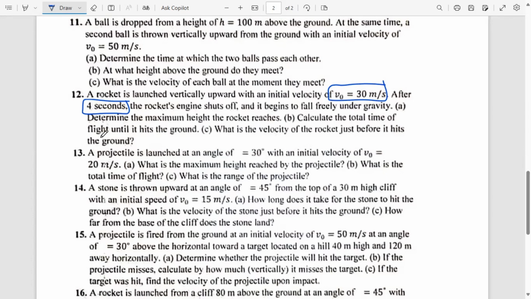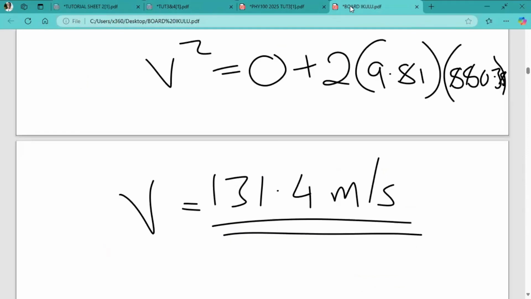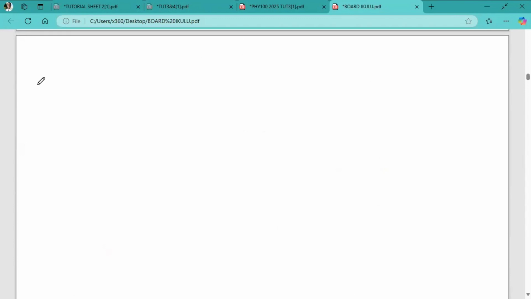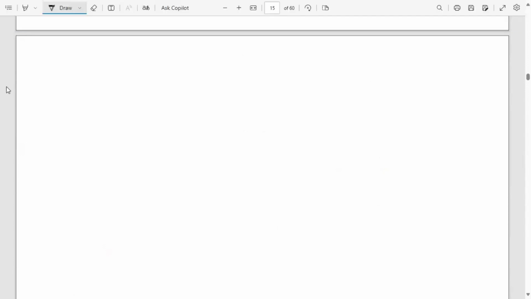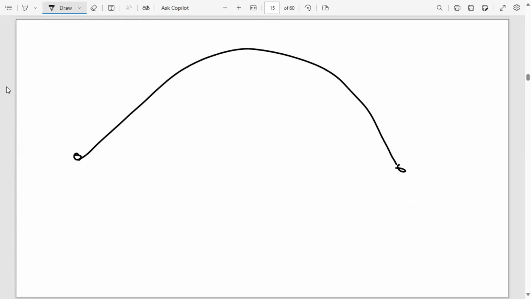Okay, so we have 30 degrees and 20 meters per second. So if we want to draw our diagram, we'll say starting from that point, going up and falling to that point, then this is the x-plane.